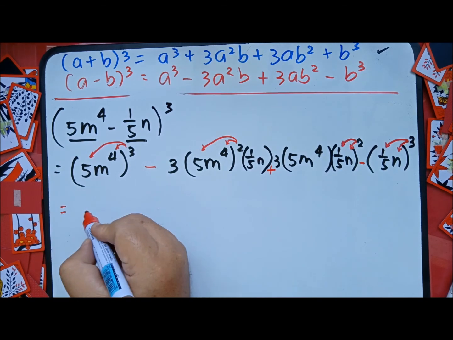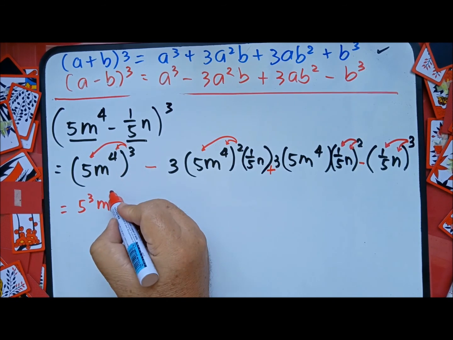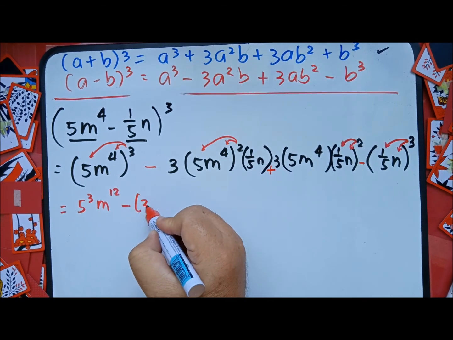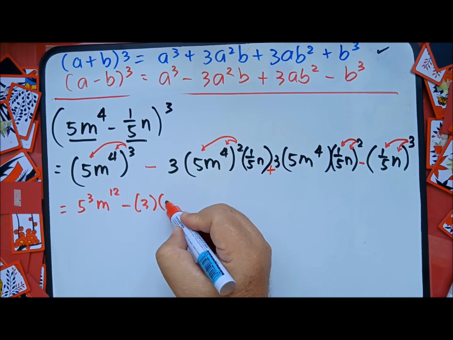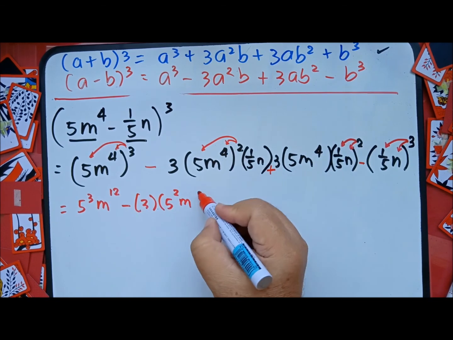What will become of this? 5 cubed m, 4 times 3 is 12. Minus 3, 5 squared m, 4 times 2 is 8.